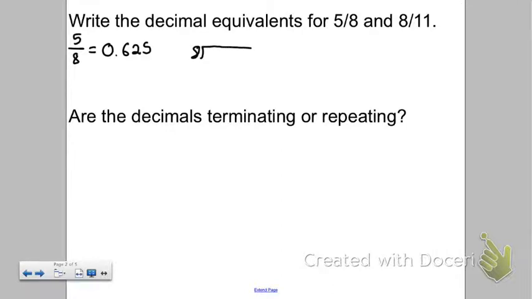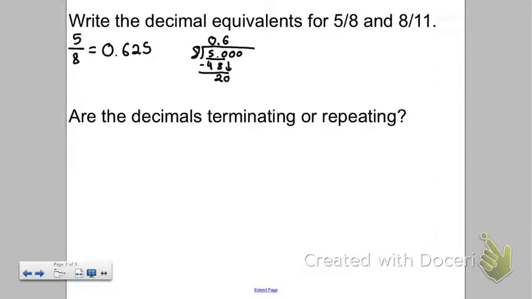When I do this by long division, I'm going to put 5.00 so that I have room. I look to see how many times 8 goes into 5. That is 0 times. So now I need to see how many times 8 goes into 50. 8 goes into 50 6 times, and that gives me 48 with a remainder of 2.